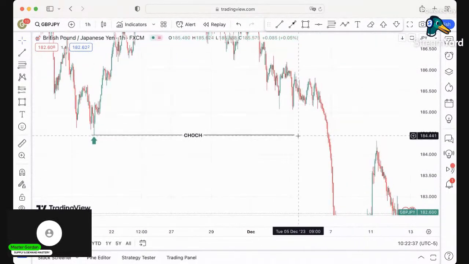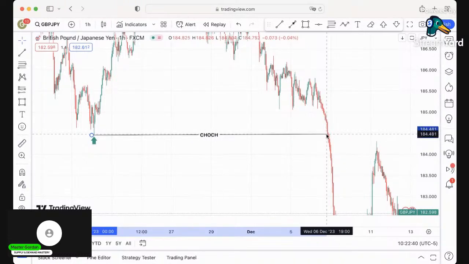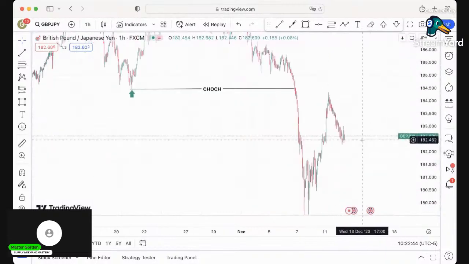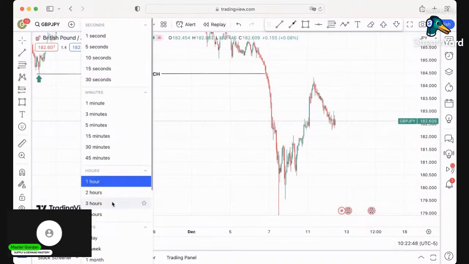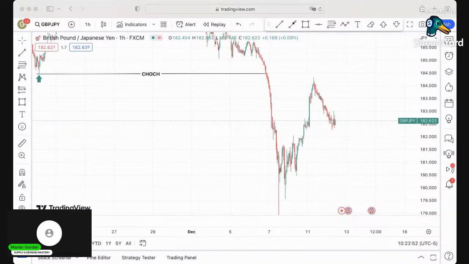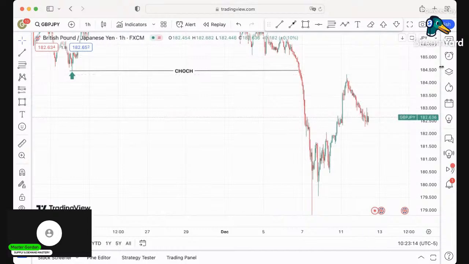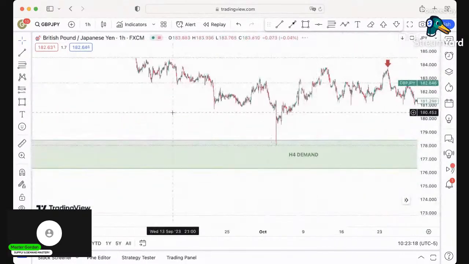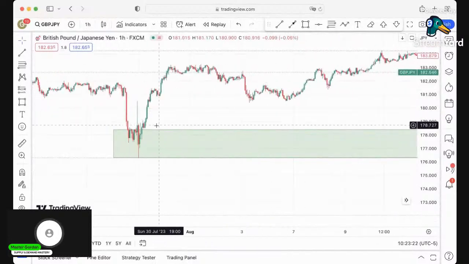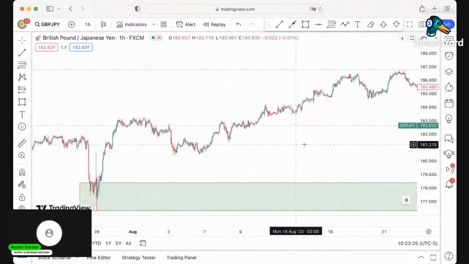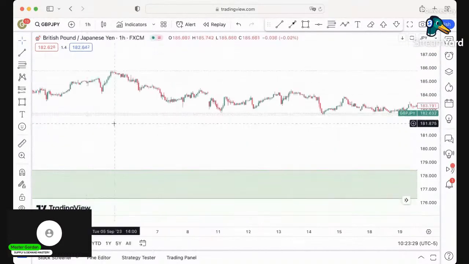Shock happen right here. You have to understand, if you trade the Japanese yen, the JPY pairs, most of the time you have a lot of this kind of long wick.